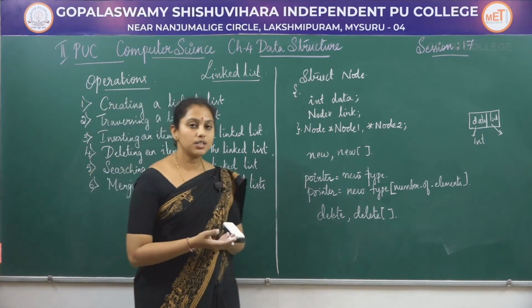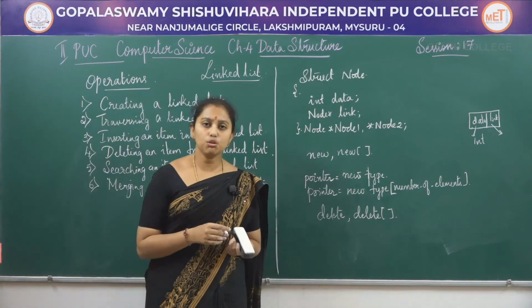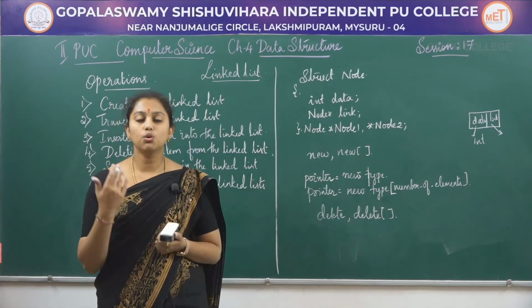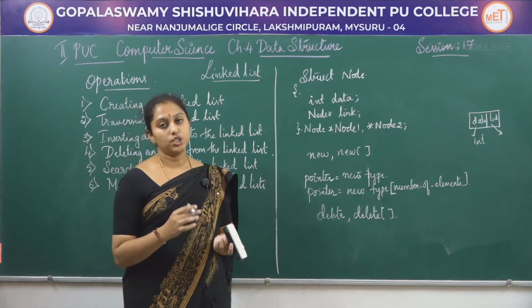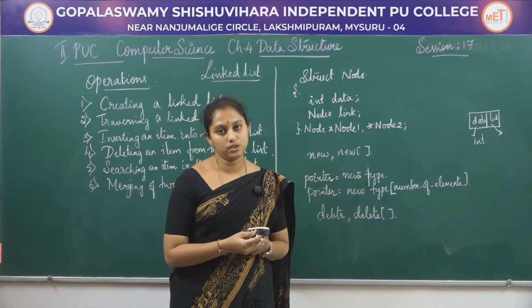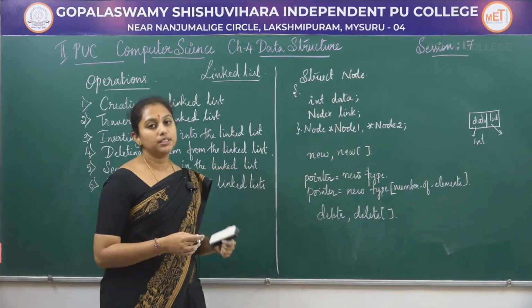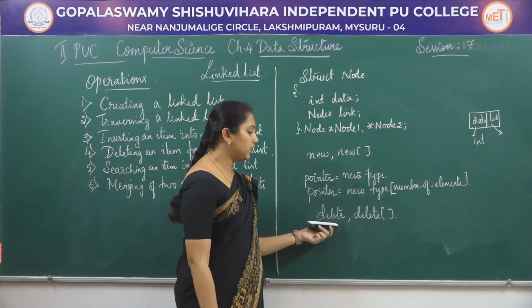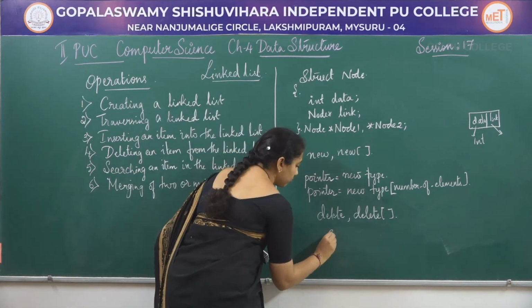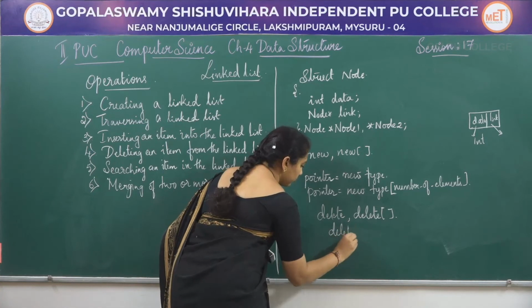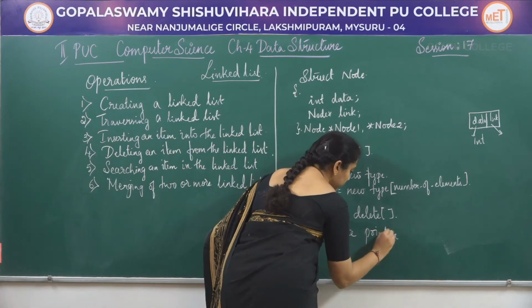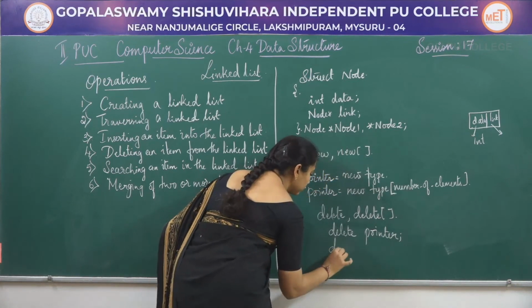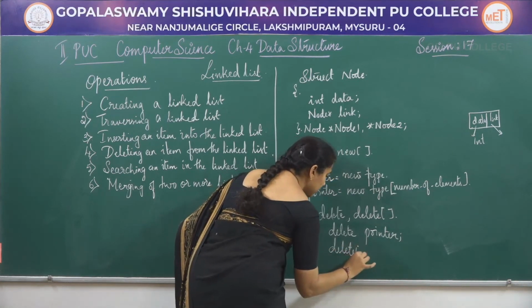So after usage of those memory locations, if it is no longer needed, we can release those memory locations for further usage. That can be done using the operator called delete. Delete pointer, delete.